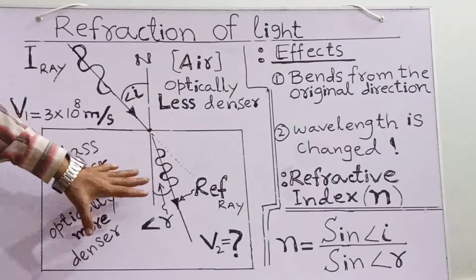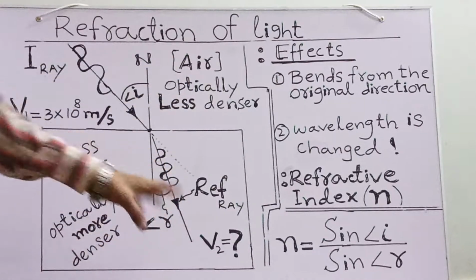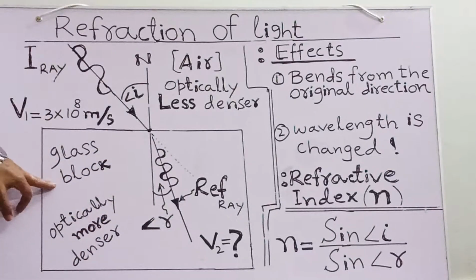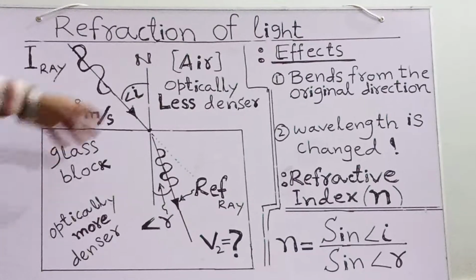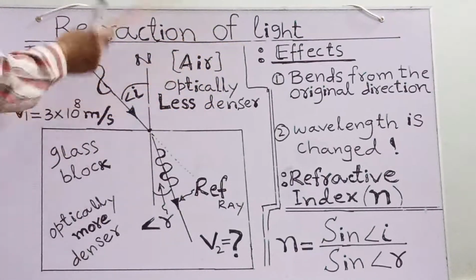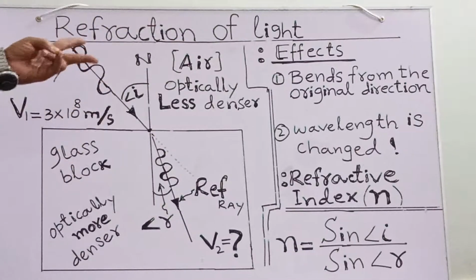It might be a transparent plastic or any substance like that. But here in this diagram, it is a block or slab of glass, and the space over here is filled up with the air. Hence, two mediums are involved.